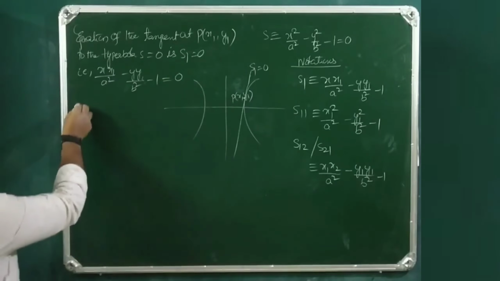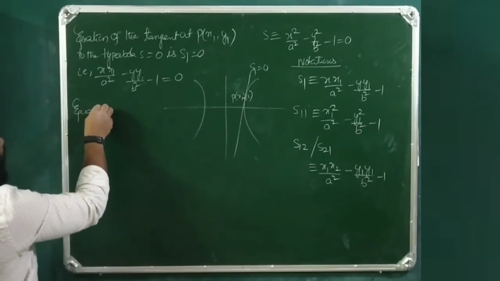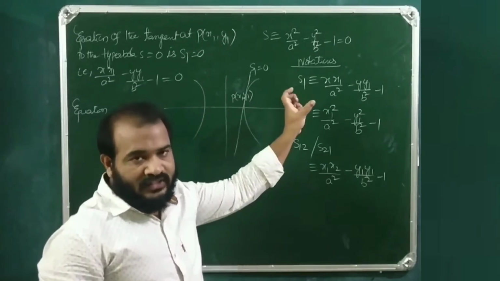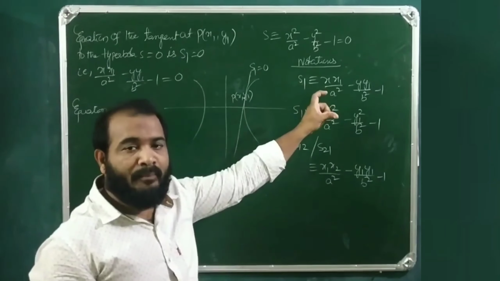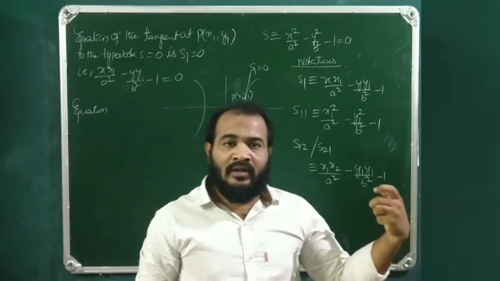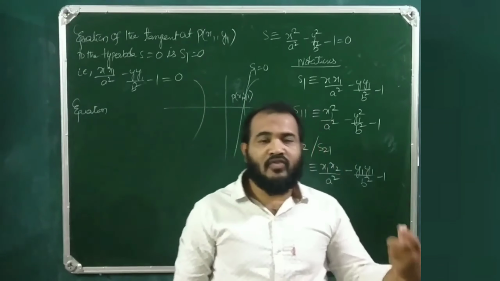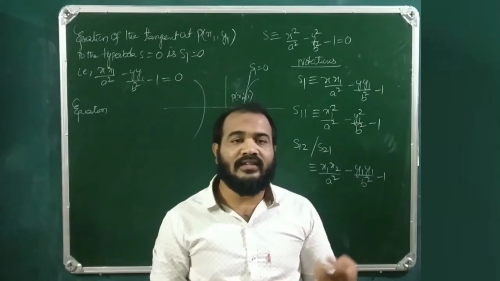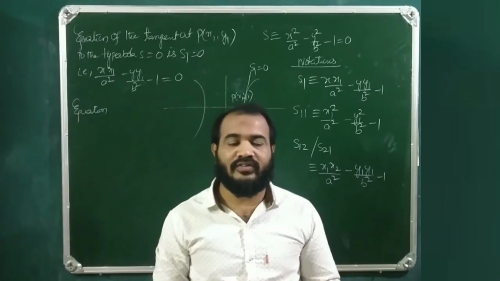Now, the equation of the normal. There, (a cos theta, b sin theta) is the parametric point for the ellipse x square by a square plus y square by b square equals 1. The parametric point is P(theta), (a cos theta, b sin theta).